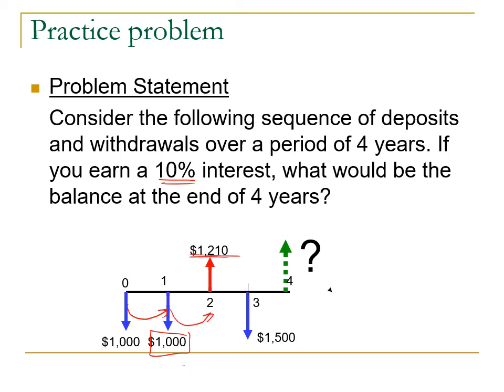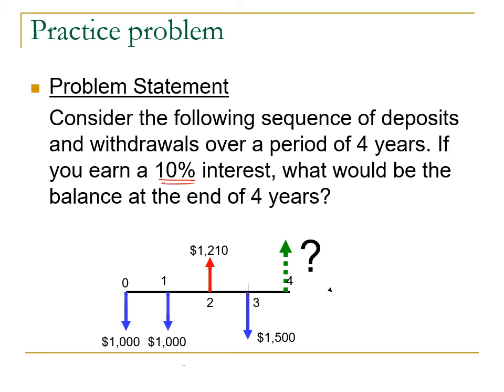So here we are assuming that we are withdrawing $1,210, but the thing is, do we have $1,210 in the bank account at this time or not? If you don't have it, how can you withdraw this amount? Of course, in this question, since we are withdrawing, it means that we have it. But let's see if we have it or not, and how to find it.